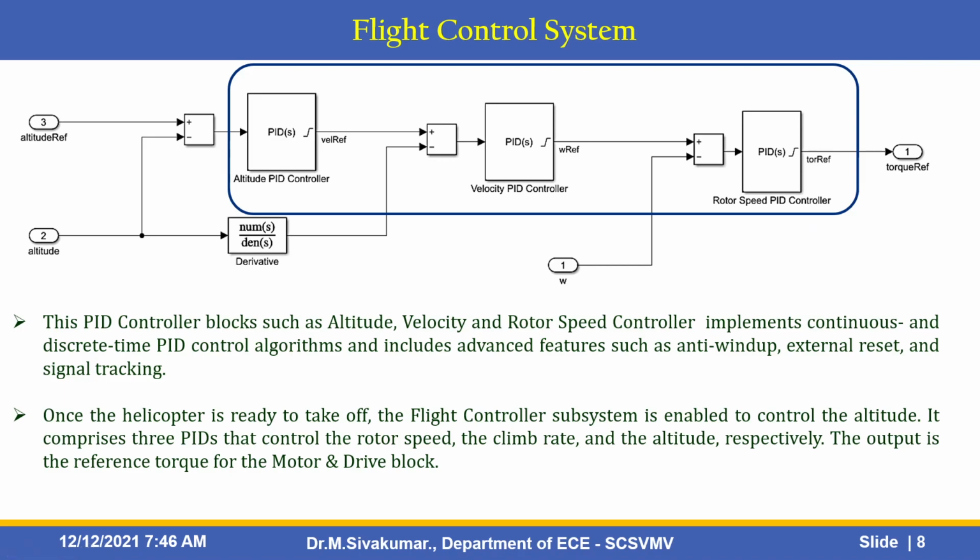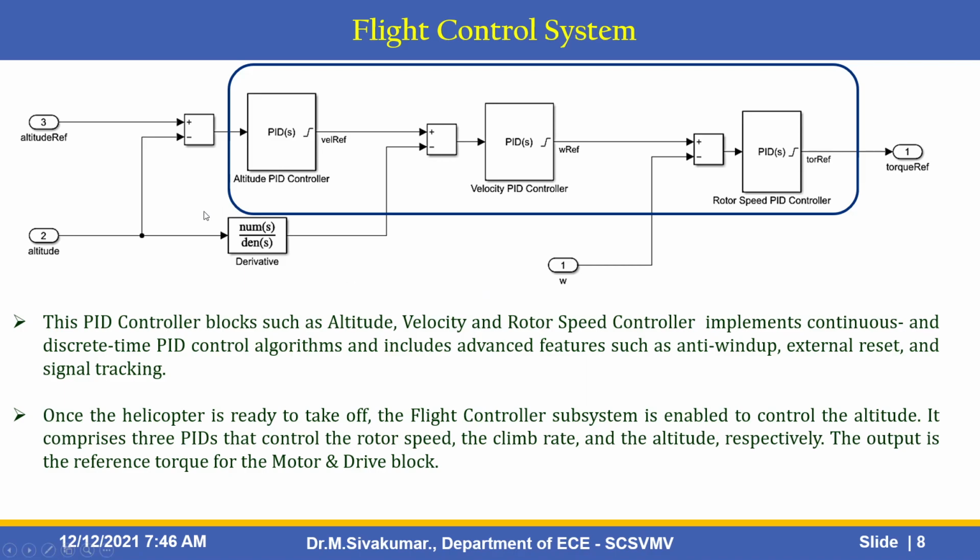Next, the control system is the flight control subsystem. In this flight control subsystem, the PID control blocks, such as attitude, velocity, and rotor speed controllers, implement continuous or discontinuous time PID control algorithms, and advanced features such as anti-windup, external reset, and signal tracking are also possible. Once the helicopter is ready to take off, the flight control subsystem is enabled to control the attitude.